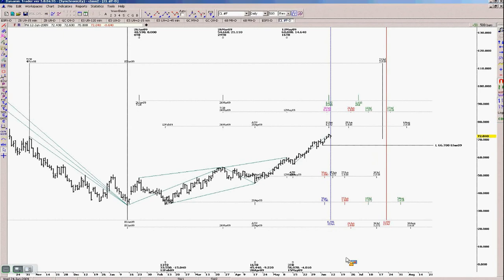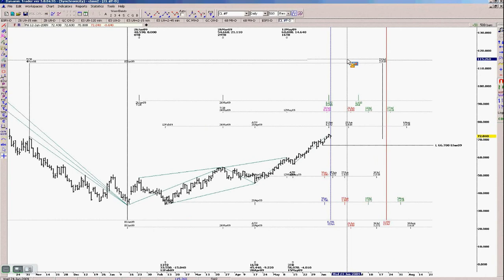Okay, so what do we got going now? We have two time windows that you really want to focus on for a possible high in the crude oil. They come in on June 9th through the 12th, and then the next grouping looks like the 23rd through the 26th.